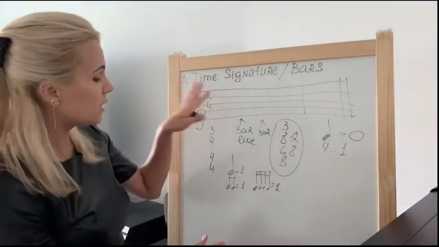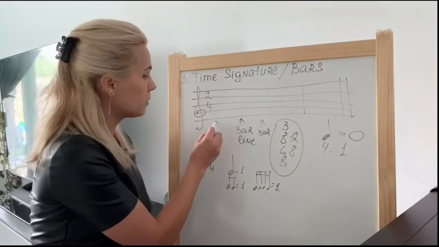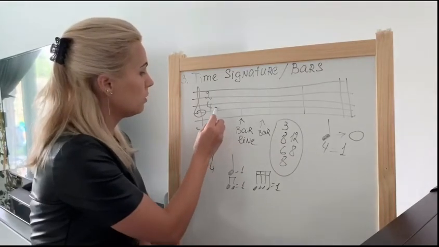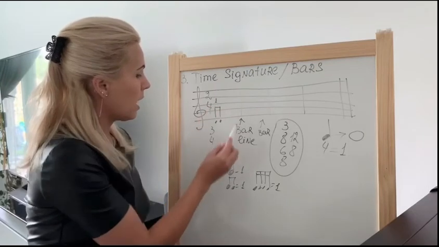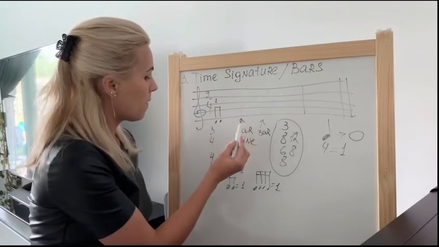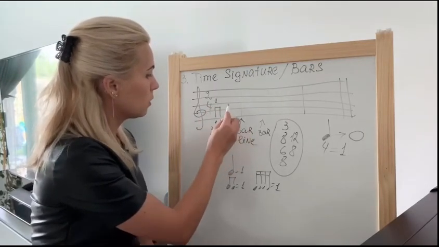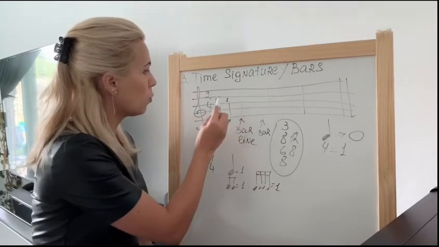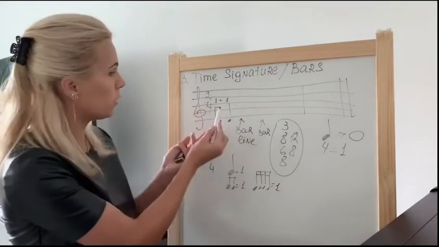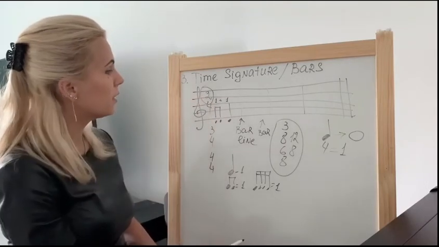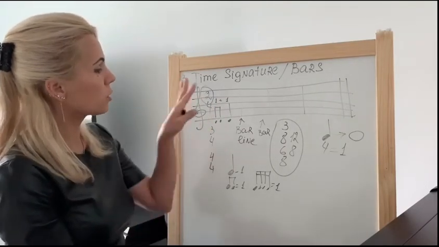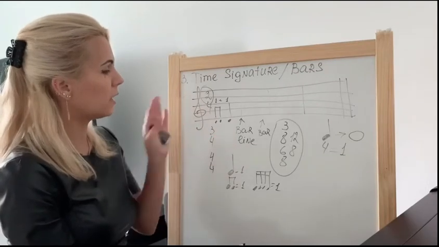So within this one box, I can place 2 quavers, and that will be 1 beat, and I can place for example 1 crotchet, and that is also 1 beat. So 1 + 1 = 2. It means that I already made my 2 beats within this box, so I cannot write any more notes in this bar.